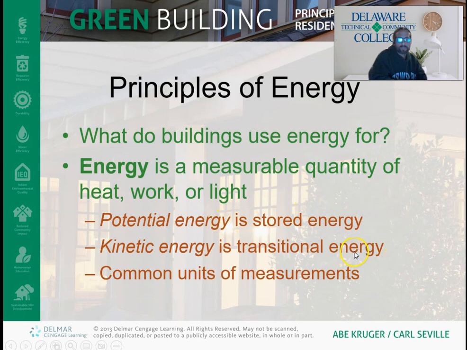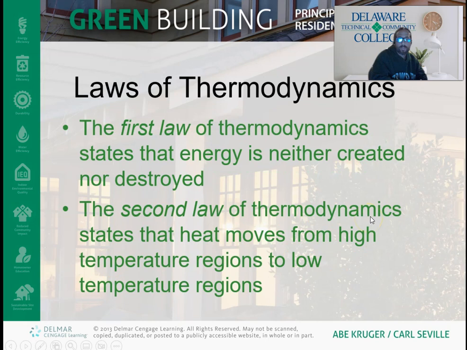Again, this is a review: potential and kinetic energy, and then we went over some of the common energy units like CCFs and kilowatt hours and gallons for fuel oil and so forth. All this stuff you should be familiar with by now. We've gone over the first and second law of thermodynamics. Remember, the first law is that energy is not created or destroyed, it only changes forms.